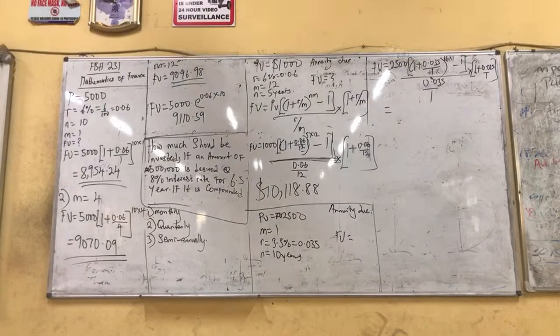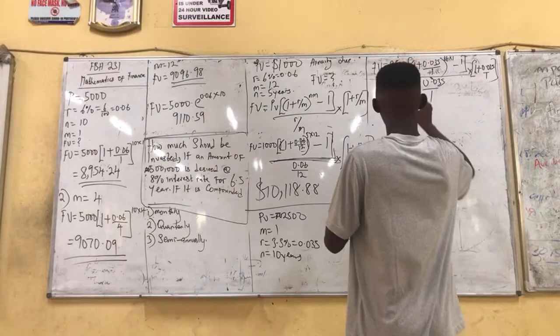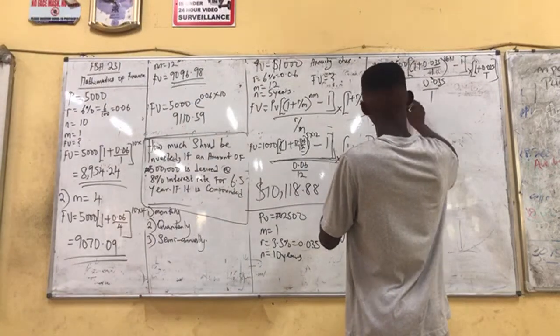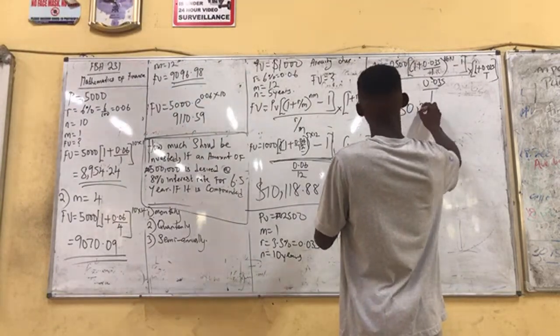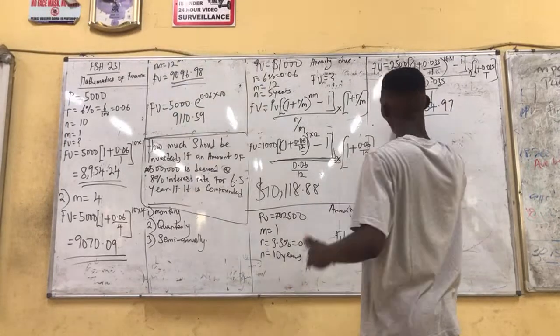So that gives us how much? That gives us 30,334.97 naira.